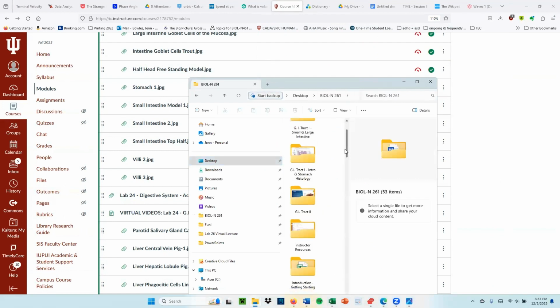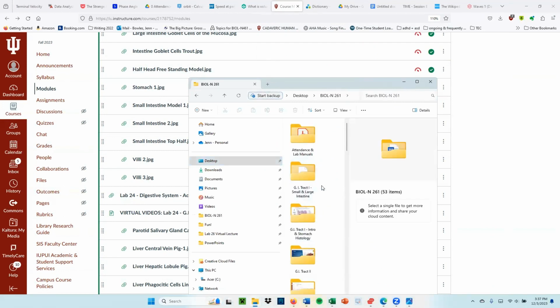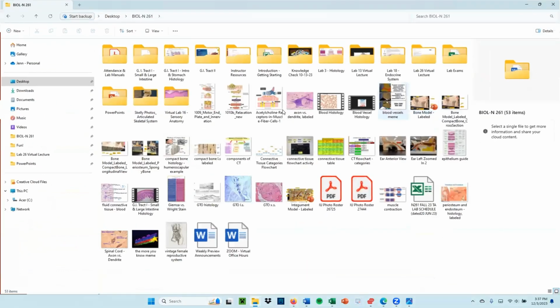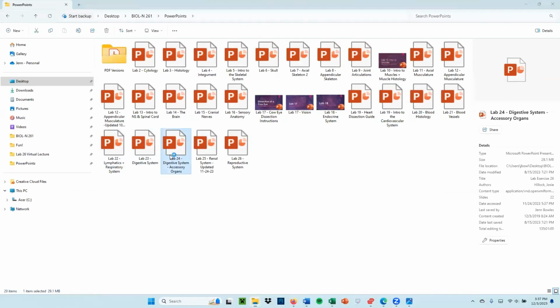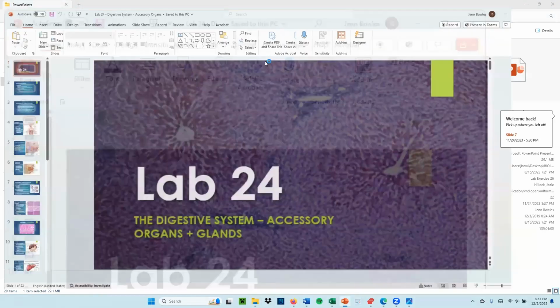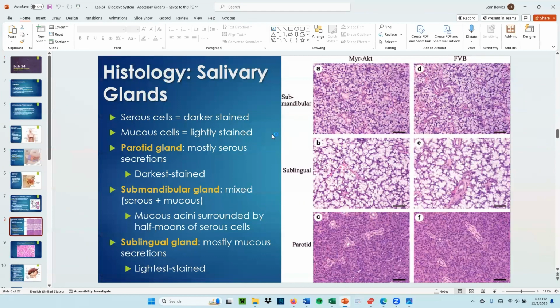Otherwise, salivary glands can get really complicated. So let's find that PowerPoint because there's a really helpful slide in here that I used to study when I took this class. Here we go. This slide. So there are 3 salivary glands.